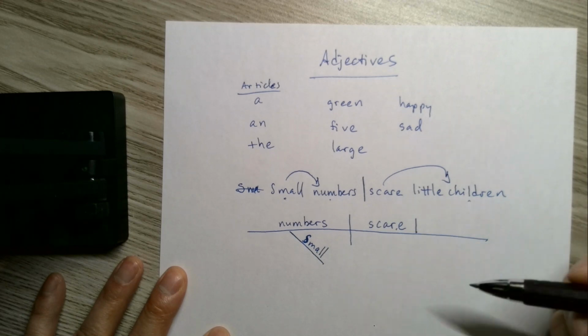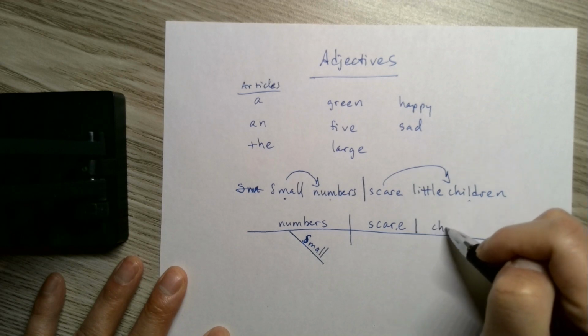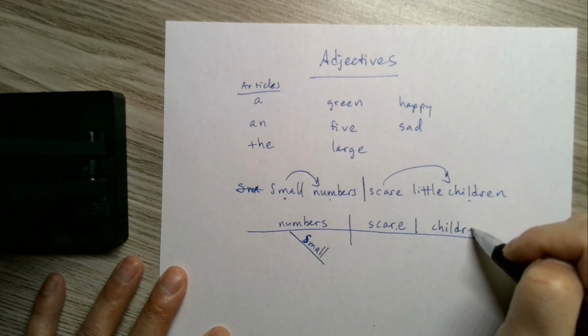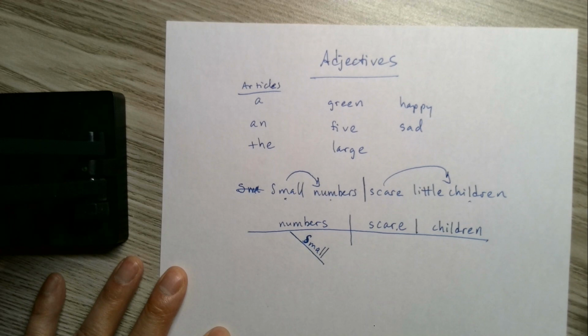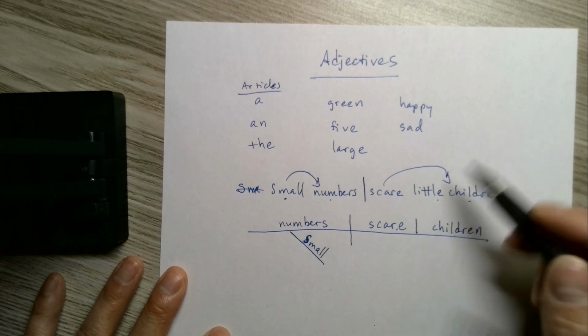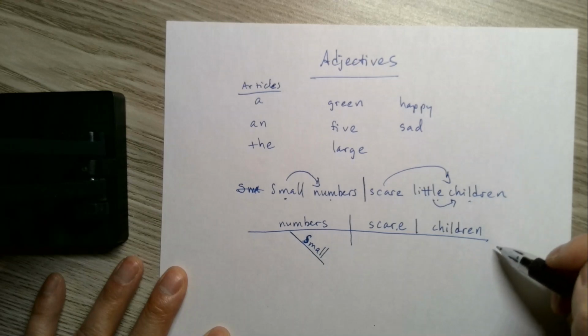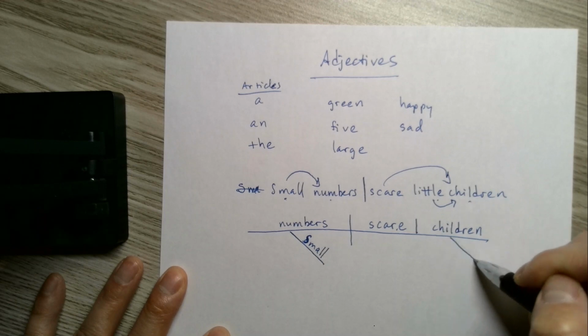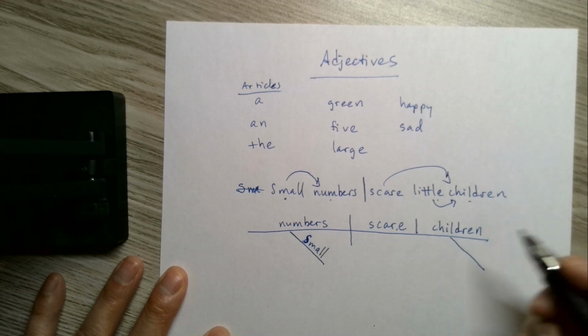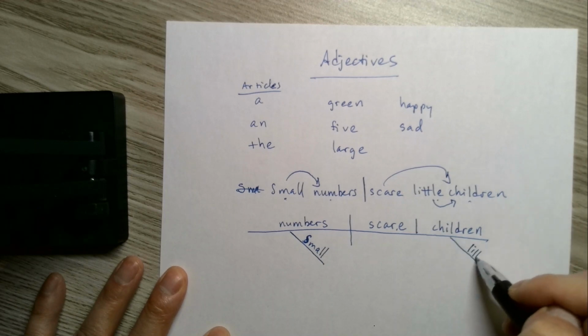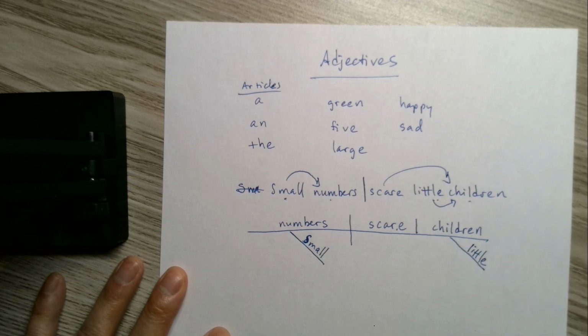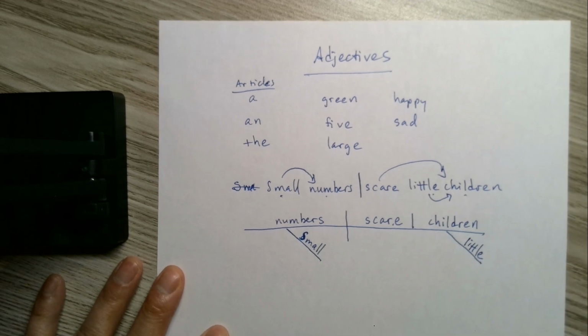They are scaring the children. So children goes here. And then you can probably guess where little goes, because little is modifying children, so it will not go on the horizontal line, it'll go on a diagonal line that extends down from children. And there we have the first sentence. Small numbers scare little children.